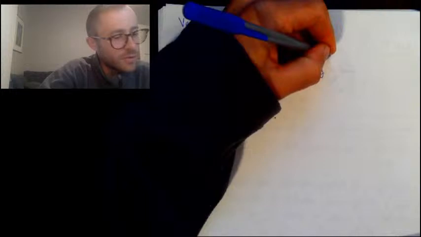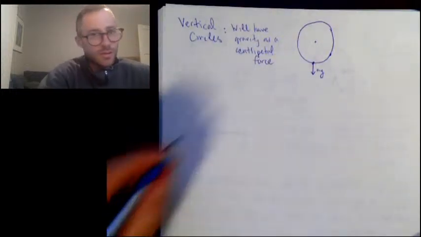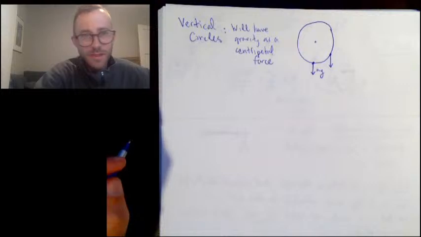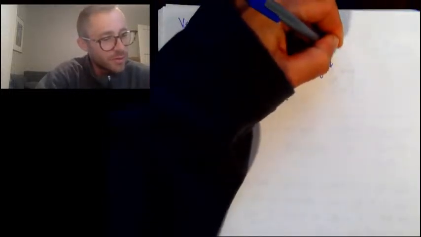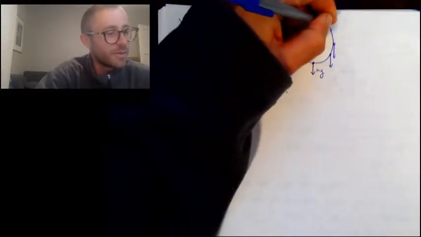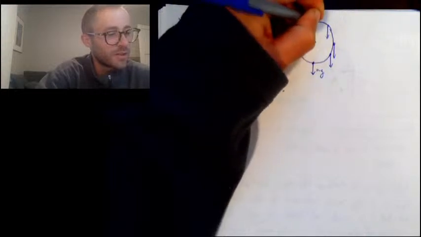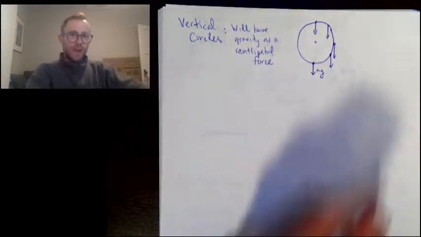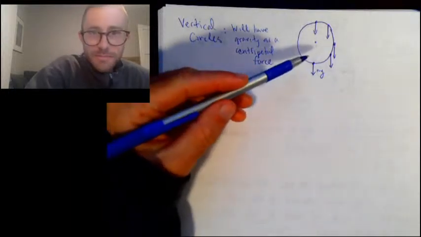If you think about being at this point in the circle, gravity points down. If you think about being at this point in the circle, gravity points down. It's like I drew a dream catcher.